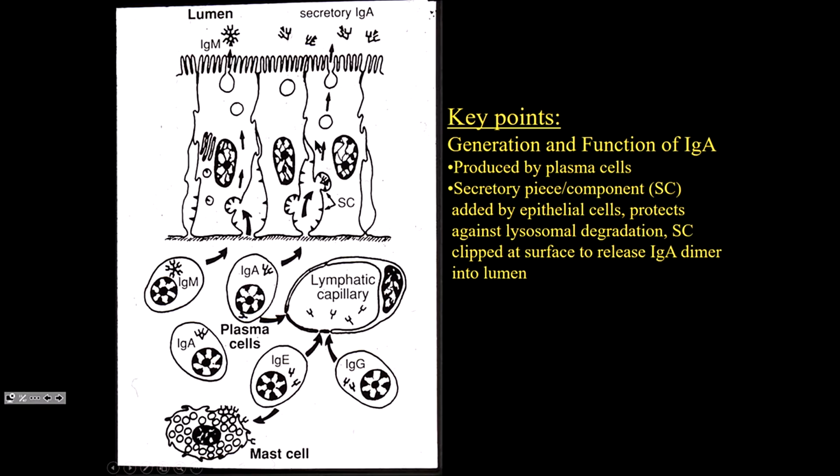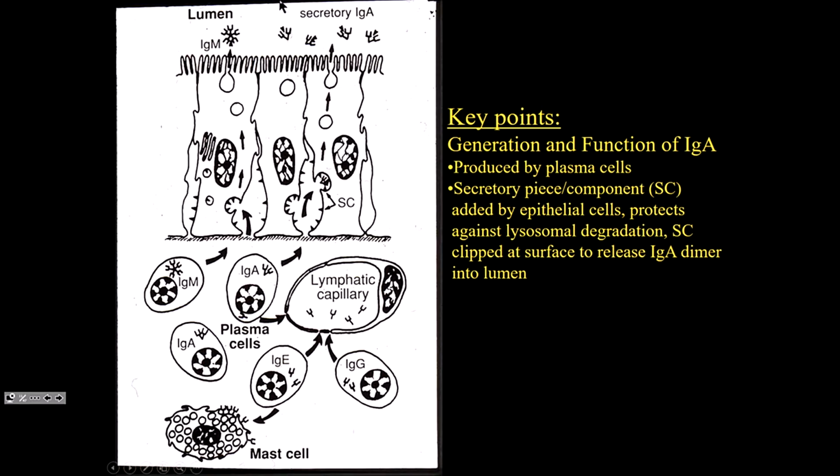Now, normally, if a protein is taken up into the cytoplasm of a cell, it may, pardon me, be targeted for lysosomal degradation. So what happens with IgA is that a secretory component is added by the epithelial cells itself, these little spikes, added to the IgA dimer to protect it from degradation by lysosomes.